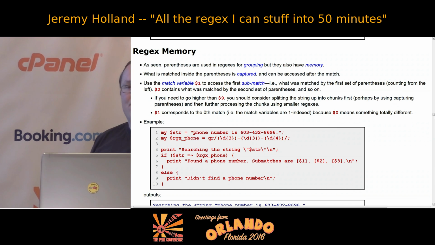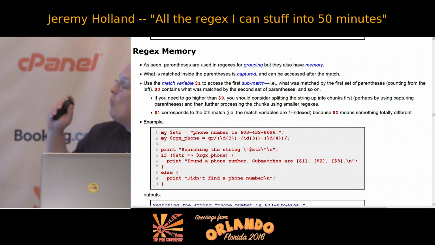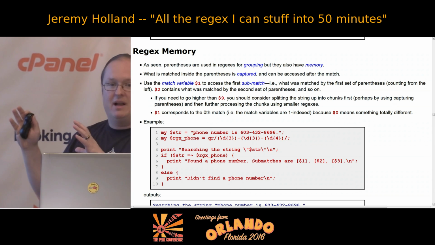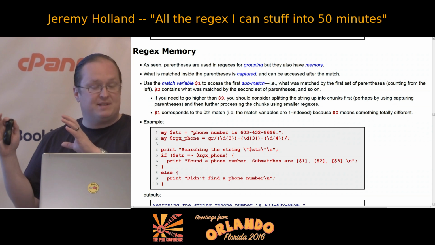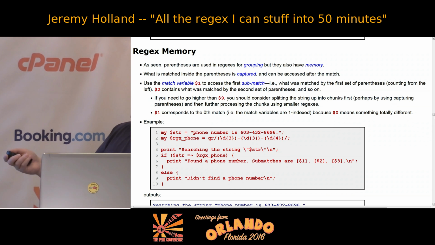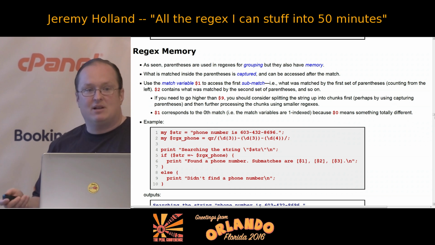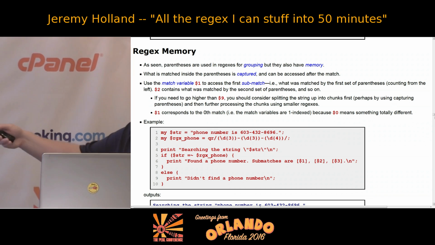If you write a regular expression with parentheses in it, in addition to being used for grouping and precedence, they also have memory. Which part of the string corresponded to the subpattern inside those parentheses when it was matched is captured, and you can access it after the match. This is how you use regular expressions to parse strings and to pick out parts of the string.